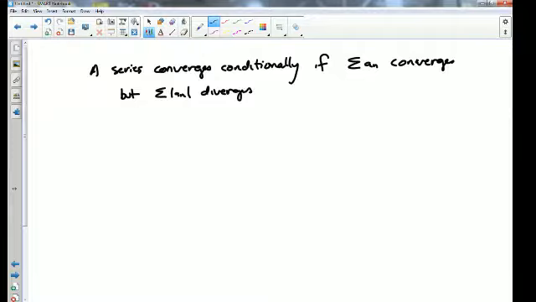Okay. What would be an example of that? I'll have to show you the alternating series test first. All right, so know the difference there.